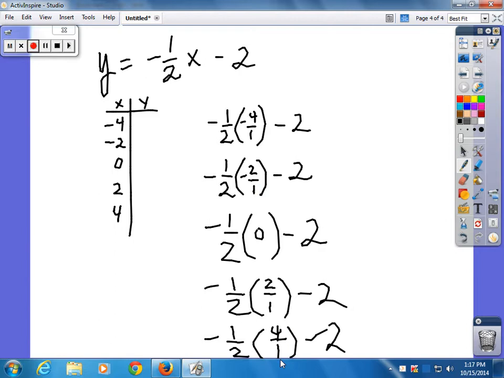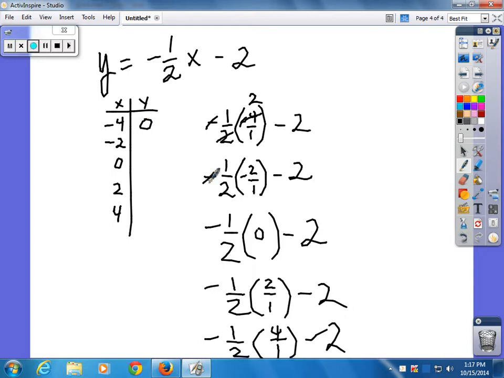What happens with the -2 and the -4? The negatives cancel, and the 2 and the 4 cancel. 1 times 2 is what? What's 2 minus 2? There's your x-intercept.